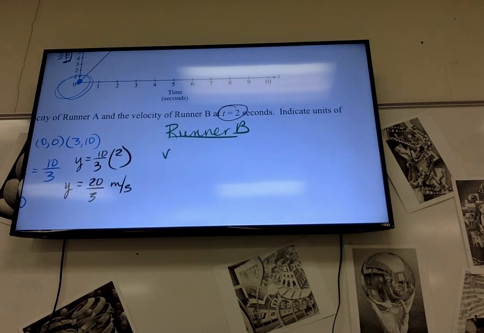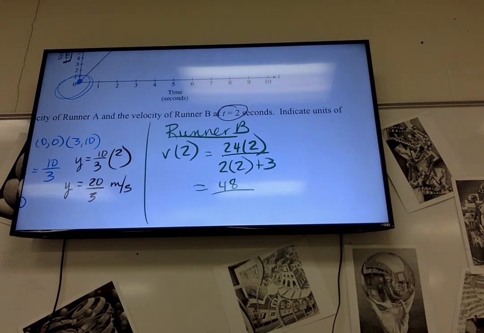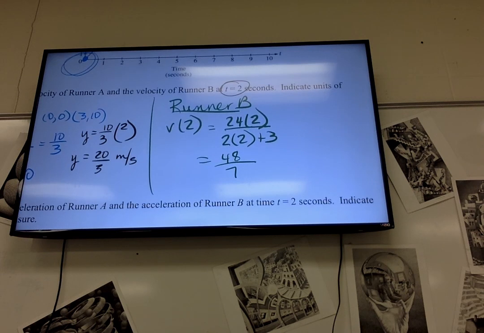So v of 2 would be 24 times 2 over 2 times 2 plus 3. So 48 over 7 meters per second. And again, leaving it like this would have been totally acceptable. Just it might help us later on.